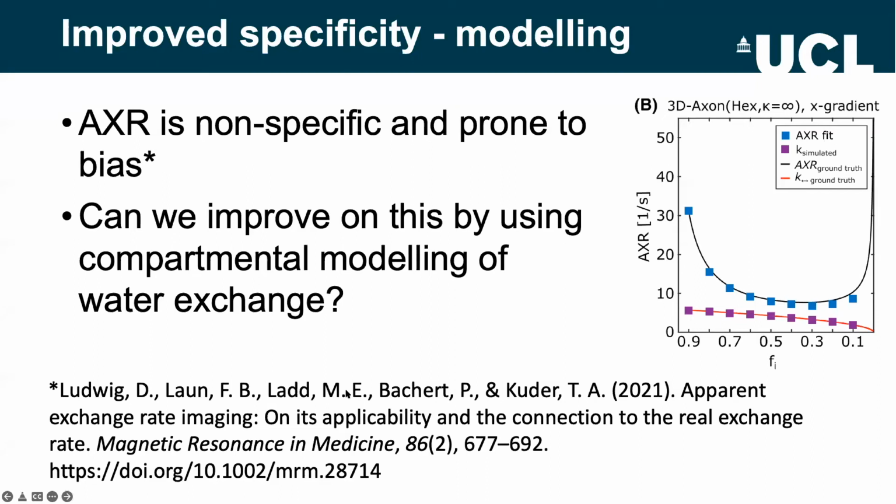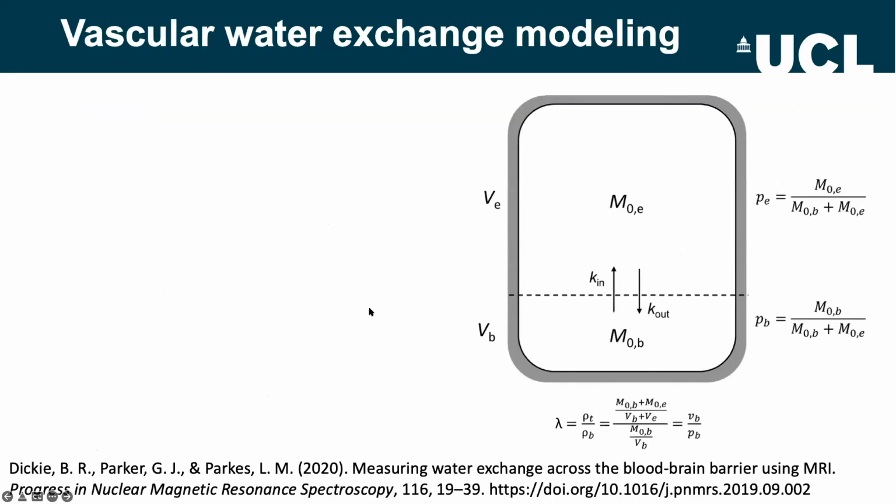So can we improve on that situation? The approach that we've chosen to use is to go back to compartmental modeling, so the sorts of techniques that we were using for the gadolinium-based measurements of blood-brain barrier, but applying those instead to the diffusion-based exchange measurements that we're looking at here. So we can set up our compartmental system.